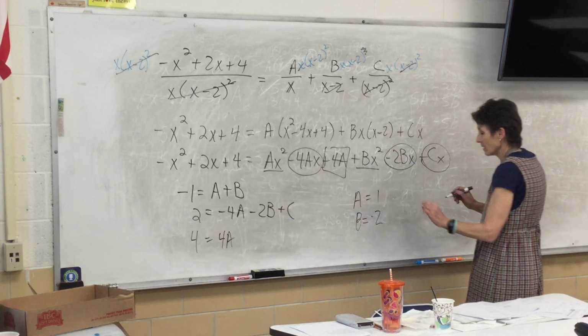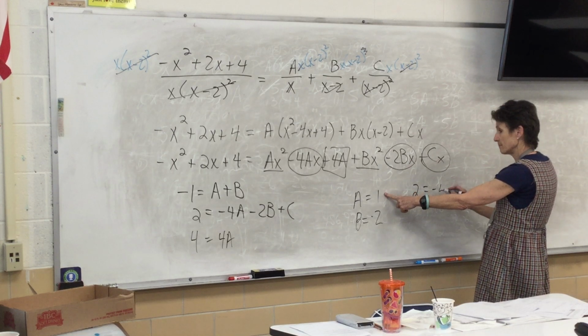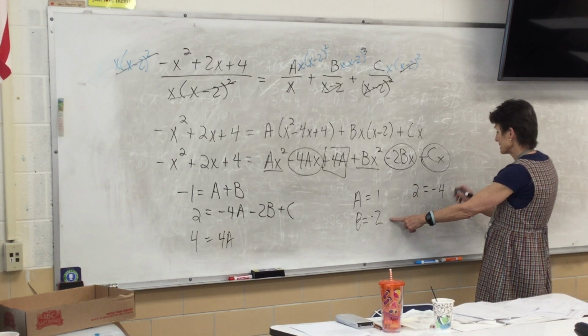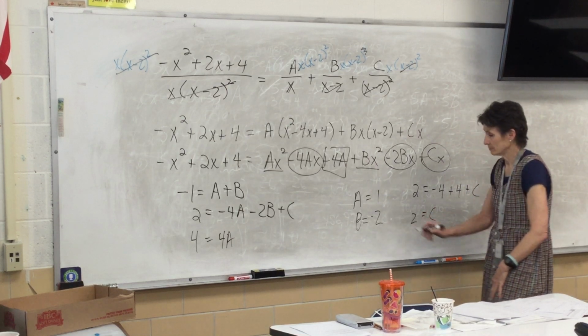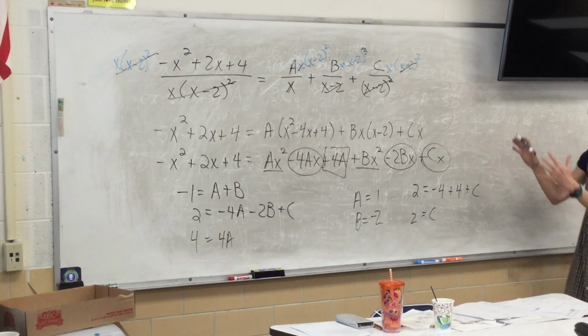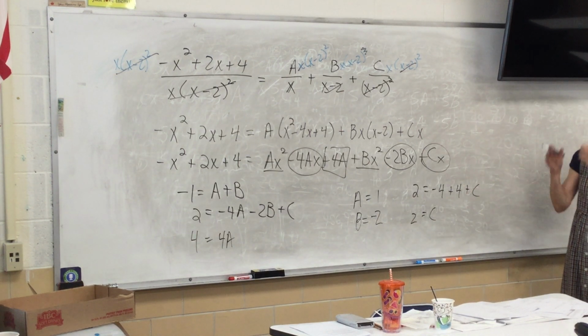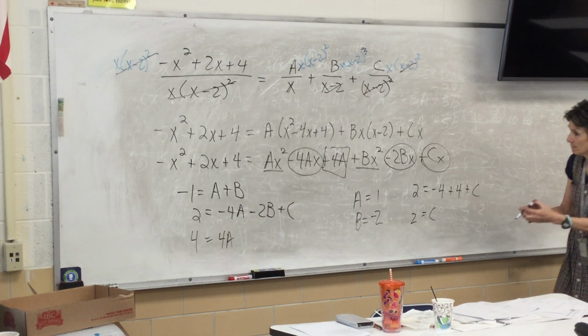And then I can figure out c by working all this out. So a is 1, b is negative 2, so it looks like c has to be 2. But again, you've done all this work, got a lot going on. The answer to the question is the fractions.